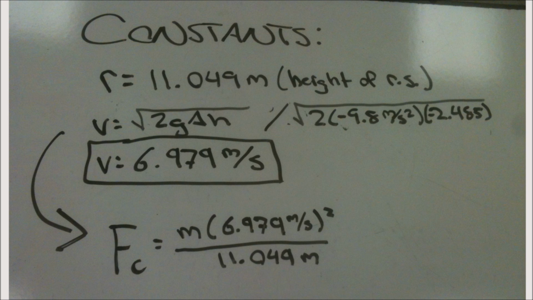So the centripetal force is equal to mass, which changes throughout our experiment, times 6.979 meters per second squared, divided by the radius, 11.049 meters.